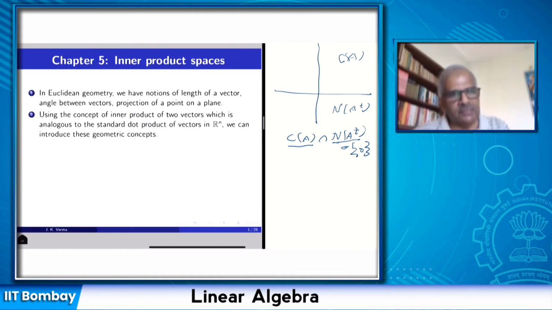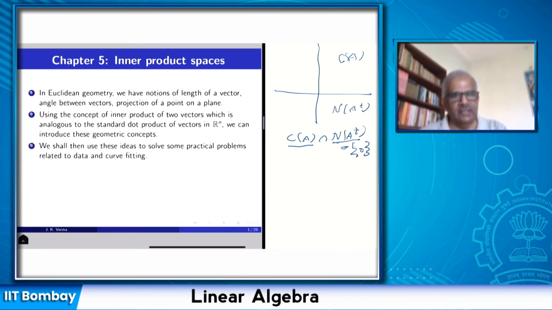So using the concept of inner product of two vectors, which is analogous to the standard dot product of vectors in Rn, we can introduce geometry concepts. And we will see that these geometry concepts are very useful to the analysis of data. So curve fitting and data analysis is done by using these geometric properties of vectors in a vector space.